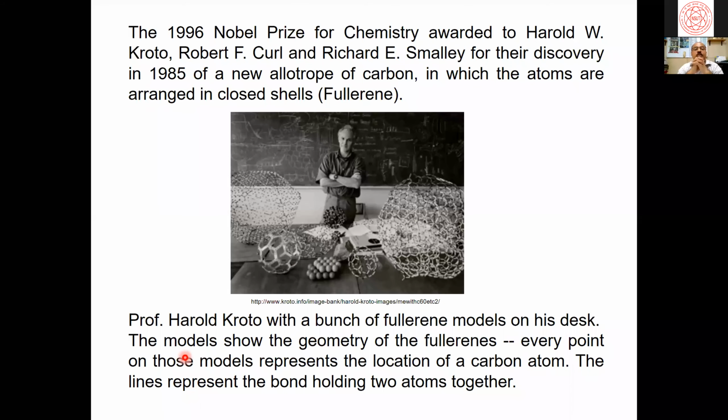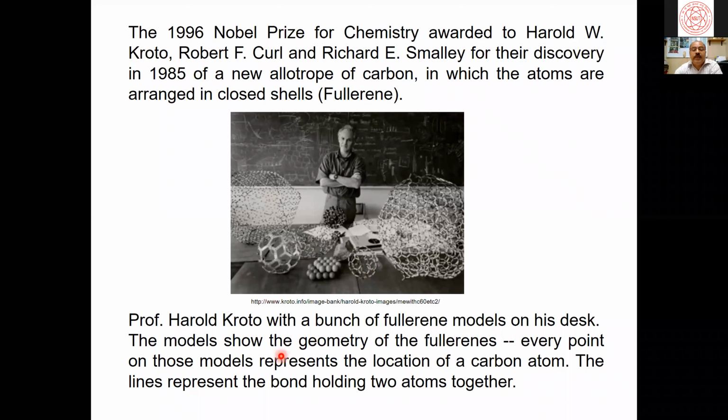Also, if you recall, the 1996 Nobel Prize for Chemistry was awarded to Professor Harold Kroto and Professor Richard Smalley for their discovery in 1985 of a new allotrope of carbon in which the atoms are arranged in a closed shell, which they called fullerenes. Here you can see Professor Kroto with a bunch of fullerene models on his desk.